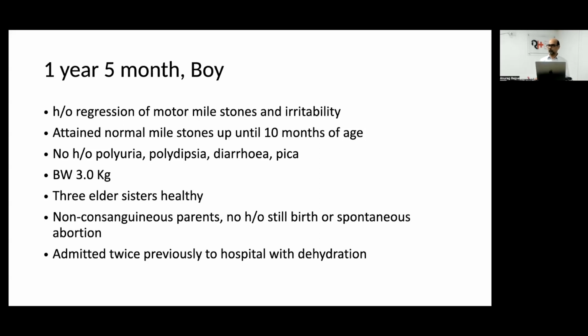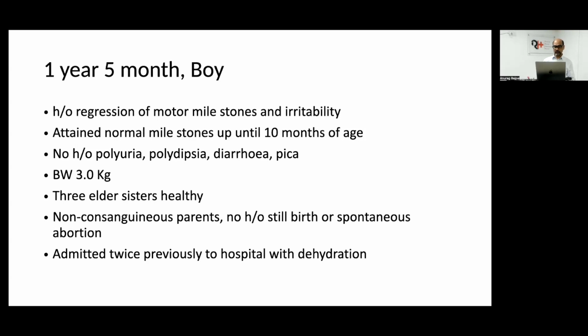He has no history of polyuria, polydipsia, diarrhea, or any pica. His birth weight was 3 kg and his 3 elder sisters are all healthy. He was born out of non-consanguineous parents, with no history of stillbirth or any spontaneous abortions.